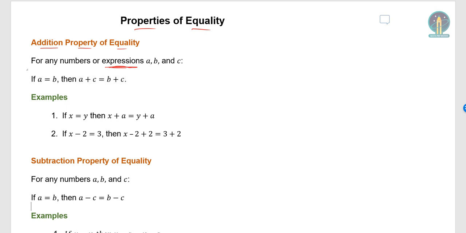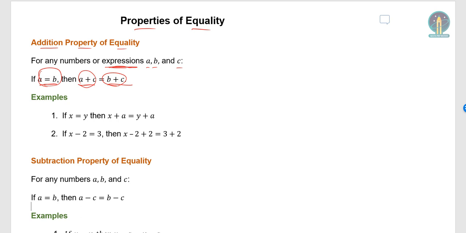So if we have expressions a, b, and c, and if a is equal to b, then adding c to a and adding c to b keeps a and b the same. So a plus c remains the same as b plus c, right? So we went from a equals b to a plus c equals b plus c. Okay, that is the addition property of equality.